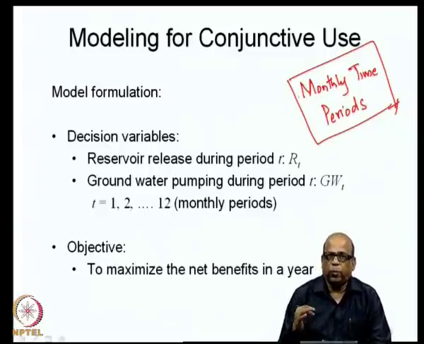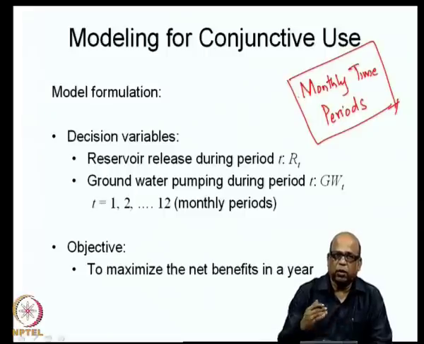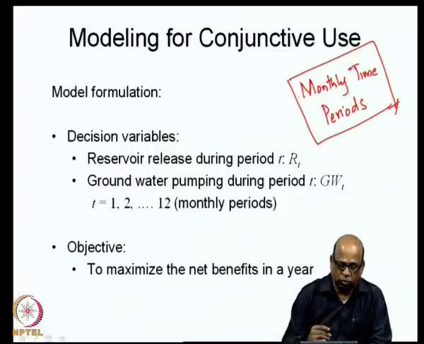The actual operational model, which is the real time operation, will be slightly different, where you will take the input from the planning model and then incorporate in real time. So, right now you look at this as a planning model. That means, how much do we plan to use from surface as well as from groundwater. That is the idea here.